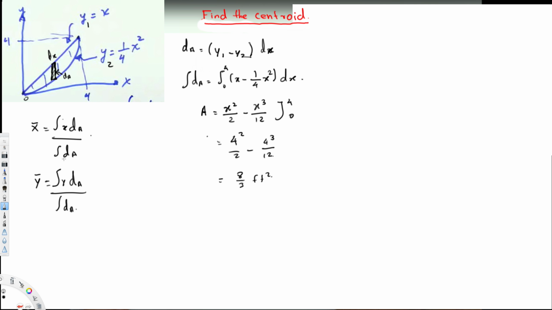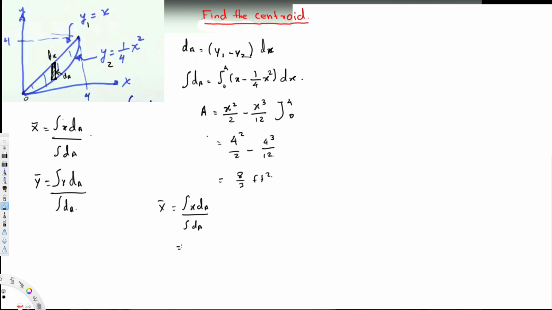Now I have found the bottom part. Now I have to find the top part, which is the integral of x dA. So let's put it all together. x bar is equal to the integral of x dA over the integral of dA.